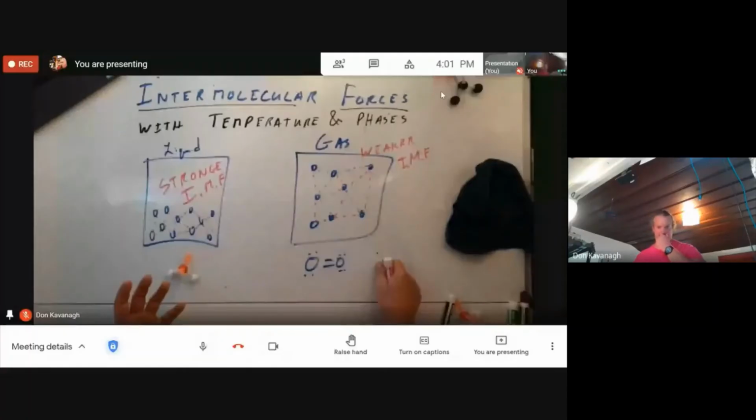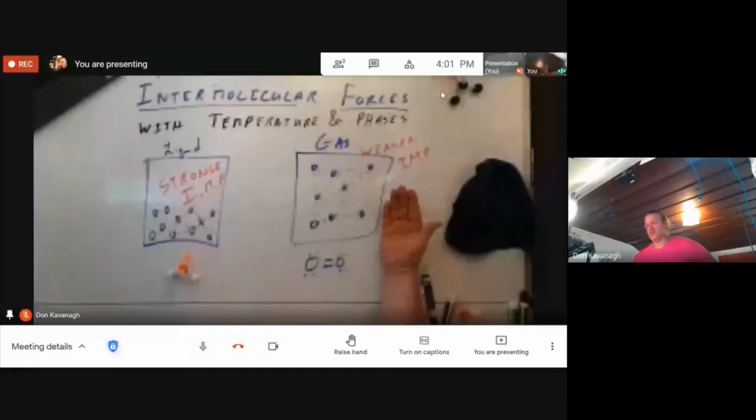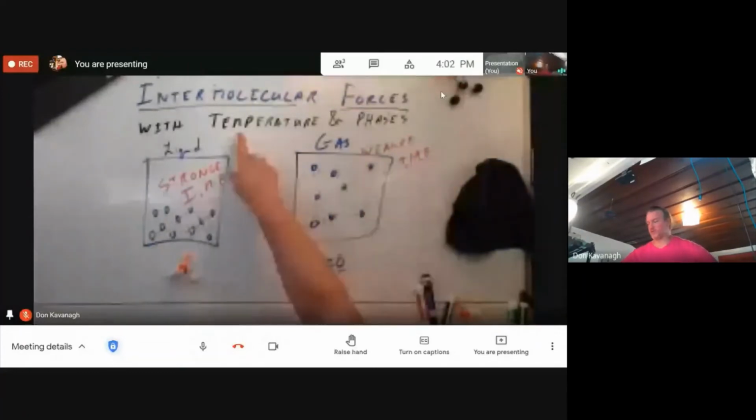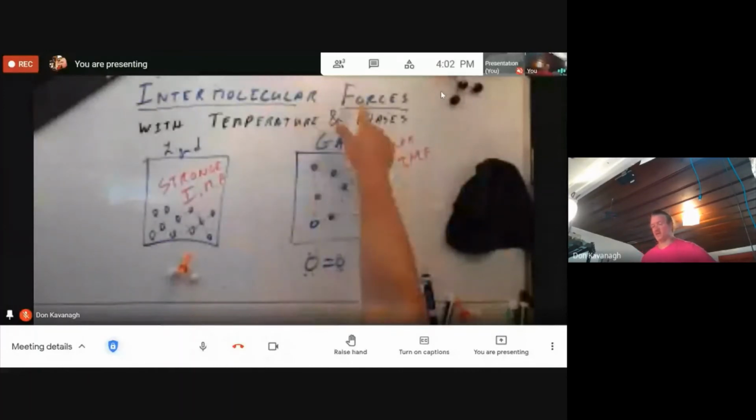Anything that is in liquid phase, you can predict that it would have a stronger intermolecular force than anything that is a gas phase. And if we had a solid out here, a solid would be stronger still than liquid. You know, solid, liquid, gas is kind of a hierarchy right there. So this was an example of comparing intermolecular forces and the phases of matter. Solids, liquids, and gases. Note that there's no temperatures listed on here.